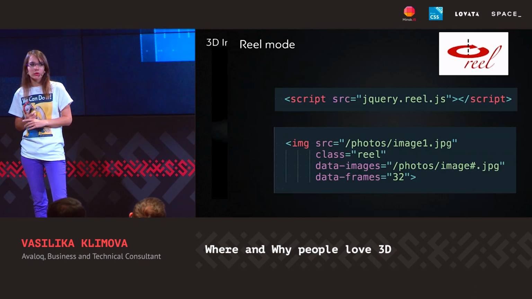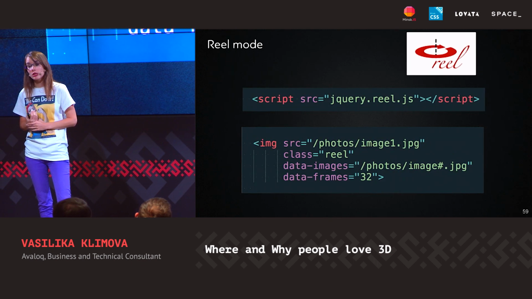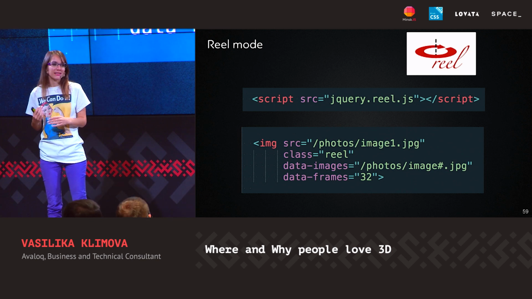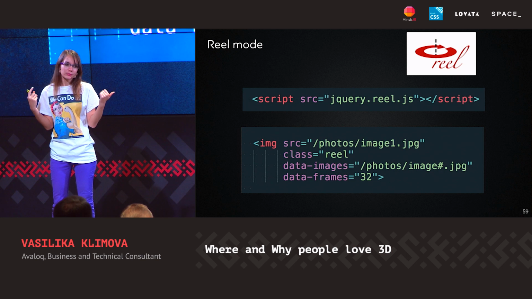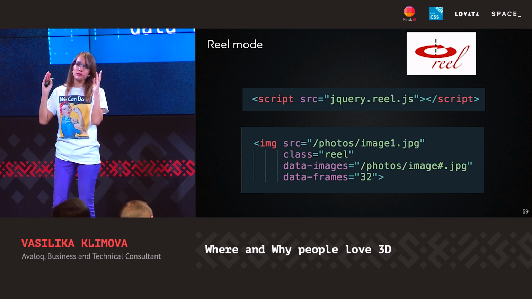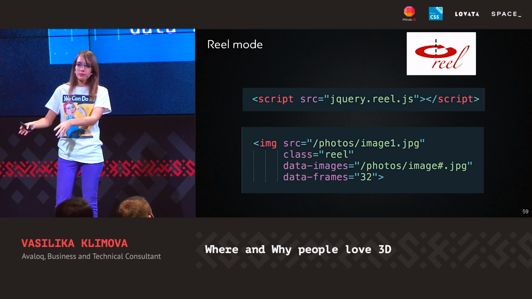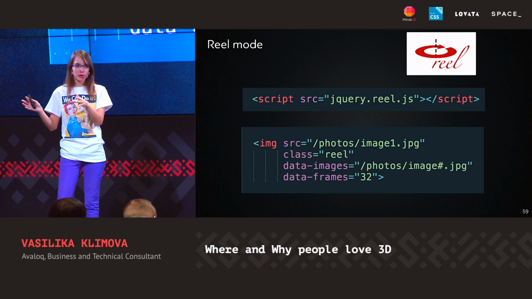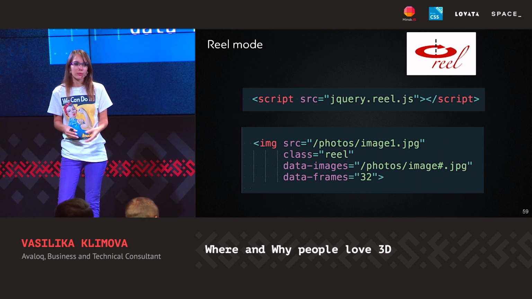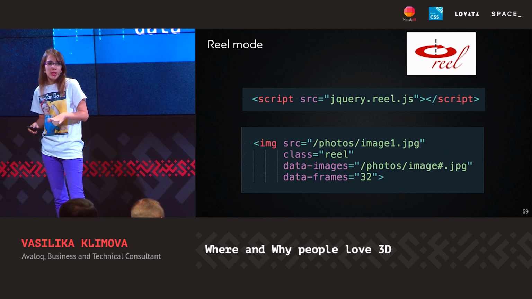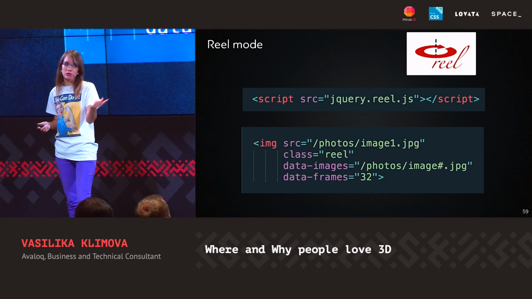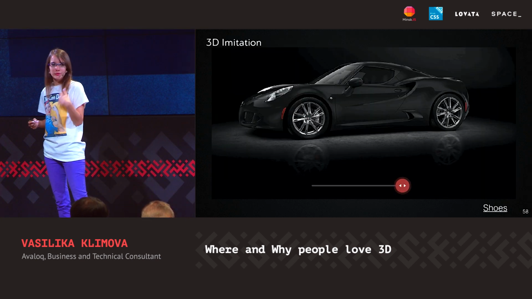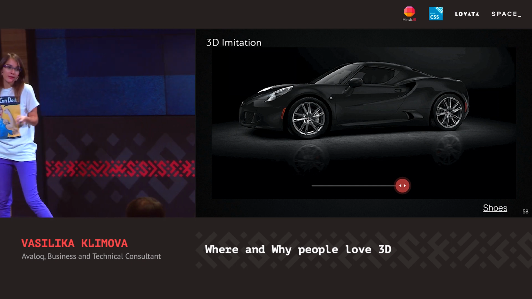There is a Real.js library. Actually, there are a lot of libraries like this. But the main idea is that you just say, for example, use photos from this folder. There are 24 photos in this folder. You attach this with data attributes to the element, and then it will always be rotating in the same place, but it's pictures.